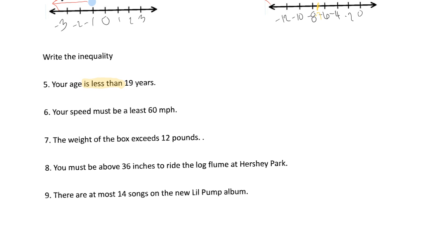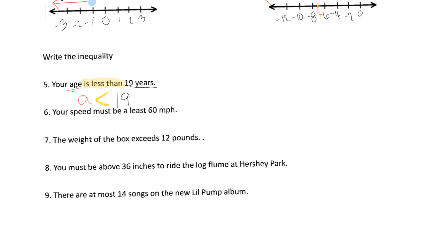If you don't know, use your Pac-Man people. My less than symbol is facing to the right. Okay. My 19 years, so that's going to be what is less than. And then it says my age, so I'm just going to use A is less than 19.